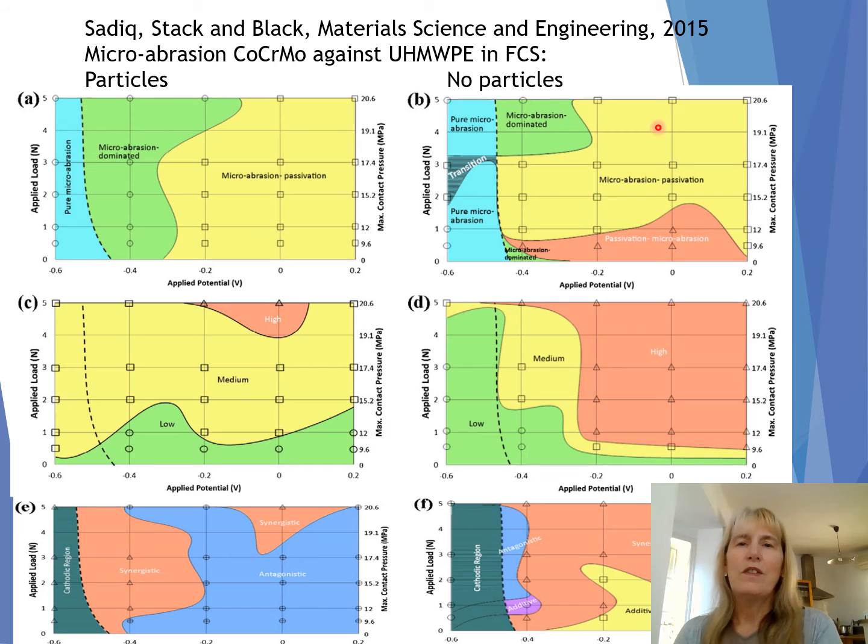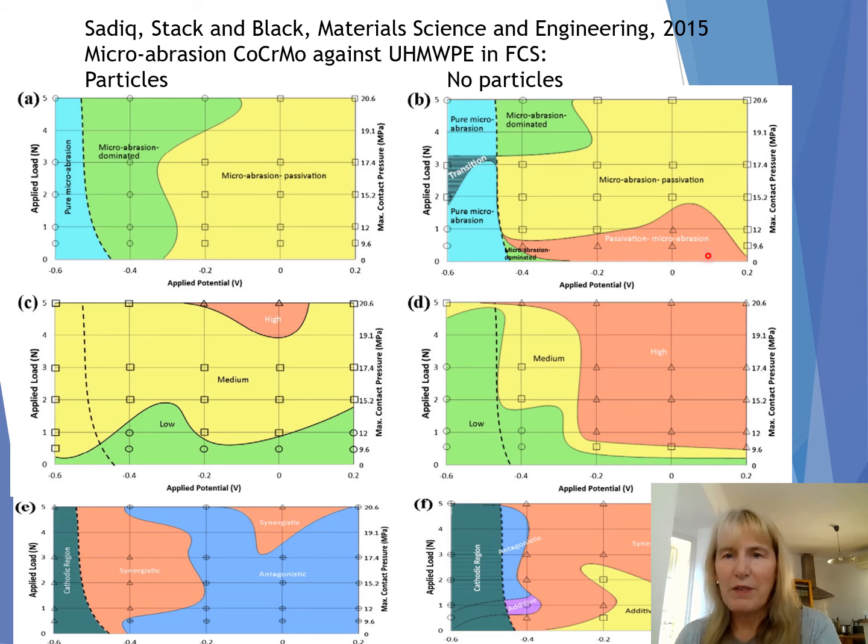Now, this is work that was published in Material Science and Engineering in 2015. This is for particles and no particles, but what I really want to show in these particular maps is that if we have particles in the system, we get more micro-abrasion dominated behavior.